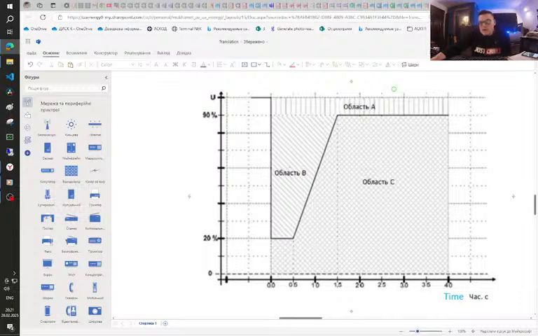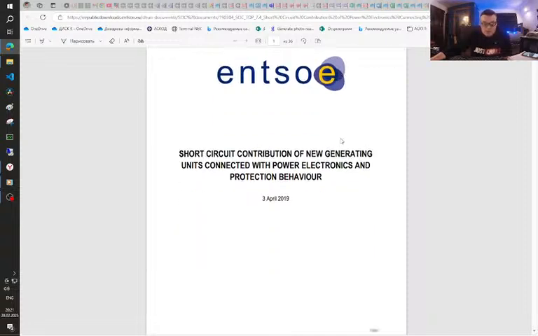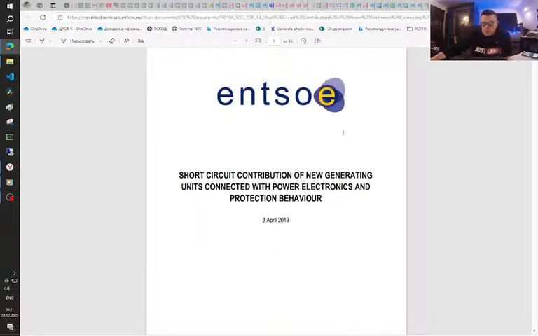Ukraine is connected to the ENTSO-E grid, and on the ENTSO-E website there are a lot of documents, and I want to recommend the document called Short Circuit Contribution of New Generating Units.